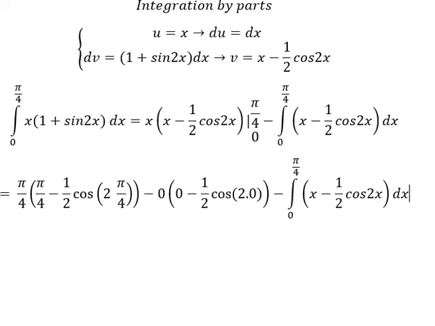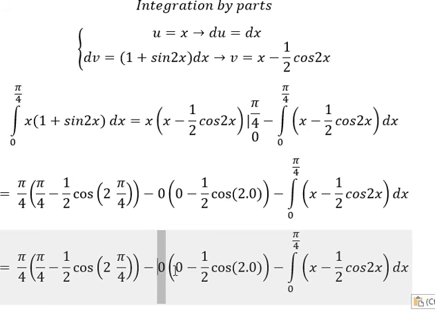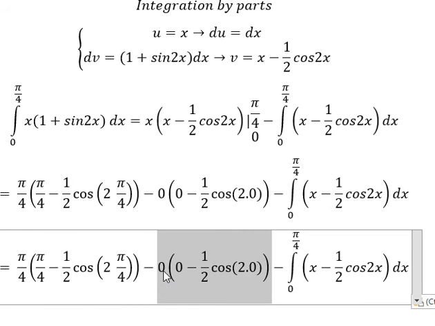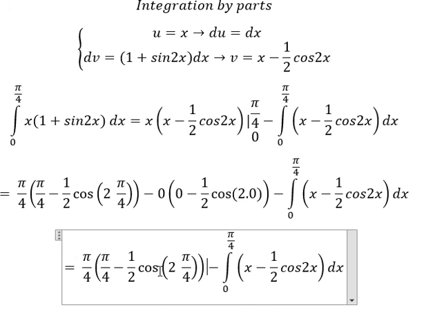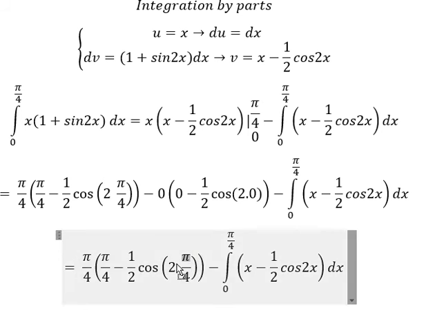So this one you get 0 because we have 0 in here. This one, 2 multiplied by pi over 4, we have pi over 2.